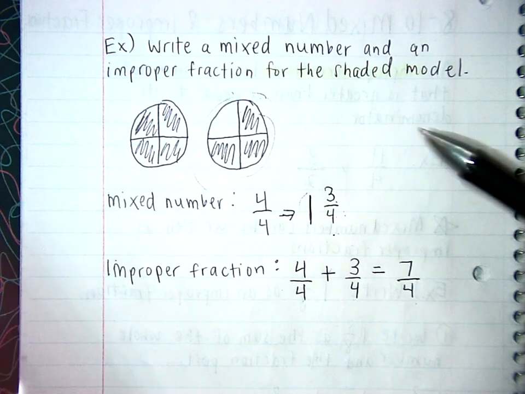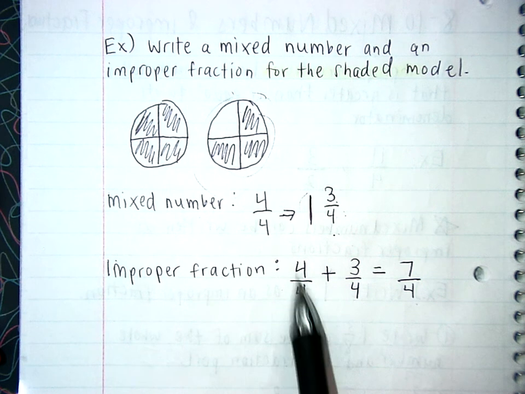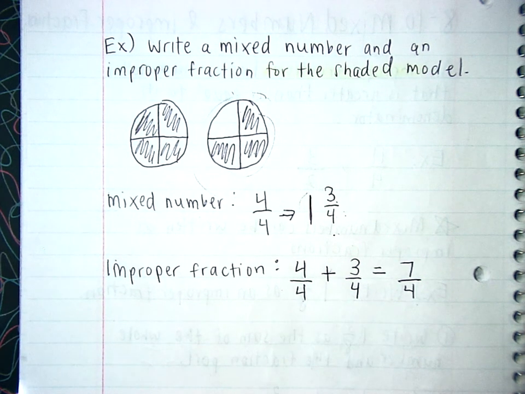So there is no whole number part of the improper fraction. That's why we kept it the 4 over 4 and did not change it into the 1 like we did for the mixed number. So mixed numbers and improper fractions go hand in hand because if you can do one, you can do the other, vice versa. You need the information for both. So that is mixed numbers and improper fractions.